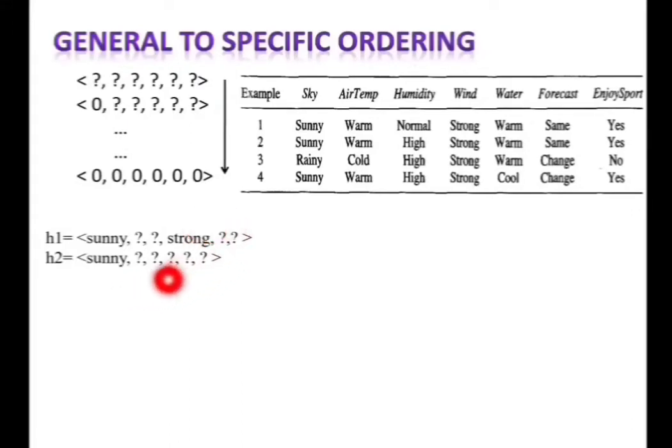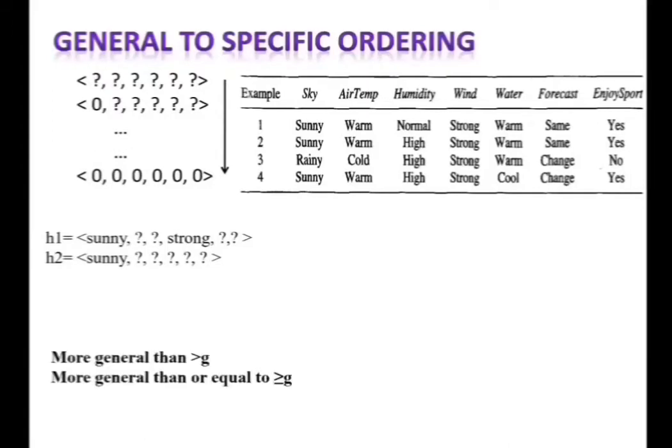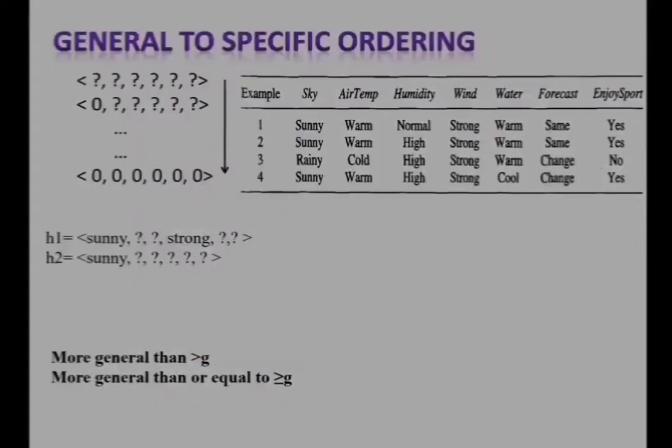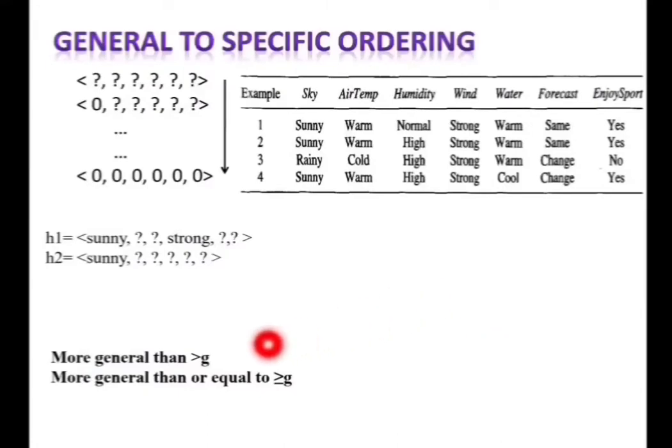Hence it classifies more instances as positive than H1, and also any instance classified by H1 as positive will also be classified positive by H2. Therefore, we say H2 is more general than H1, written as greater than G. That means more general than relation.